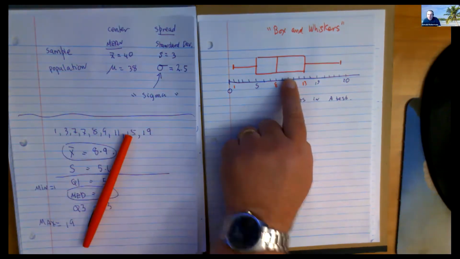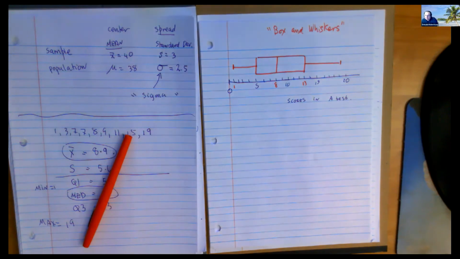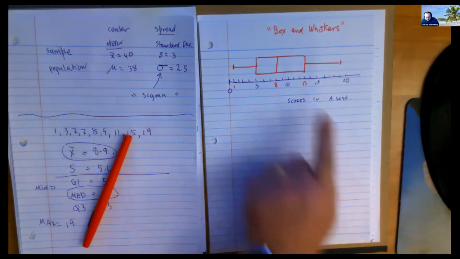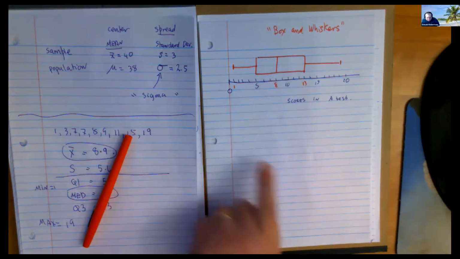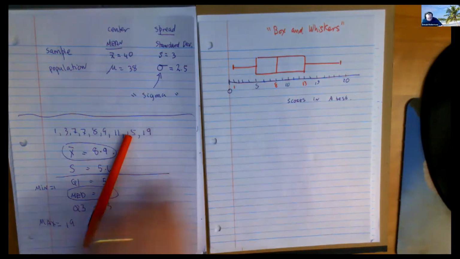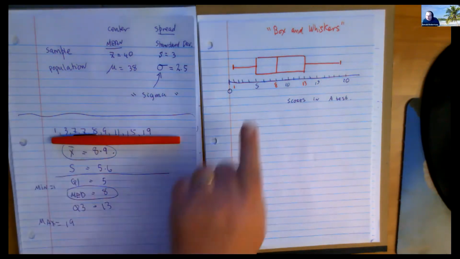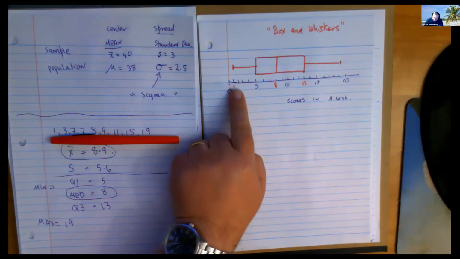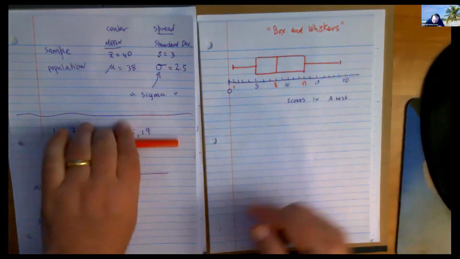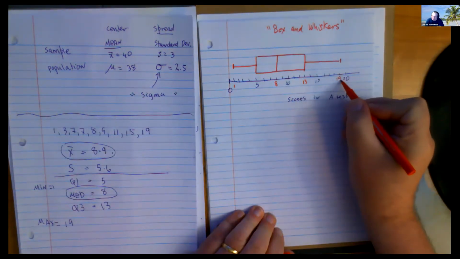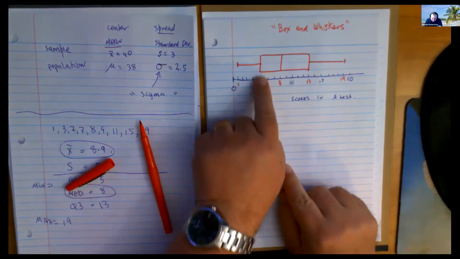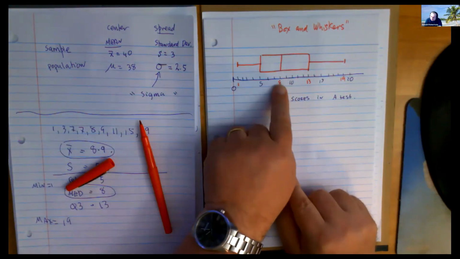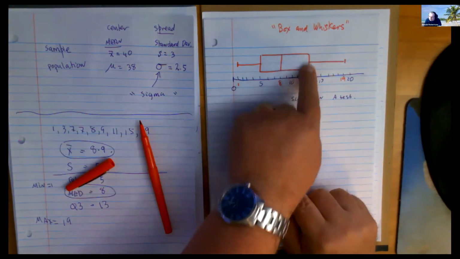And this is what it looks like. Now, you can get a lot of information from this. In fact, if you're really good at the scales, shouldn't you be able to find the 5-figure summary? Minimum 1, maximum 19, Q1 at 5, the median, Q2 at 8, Q3 at 13.